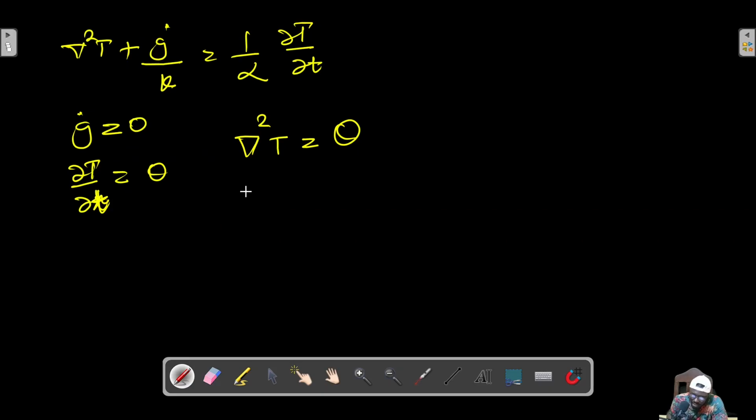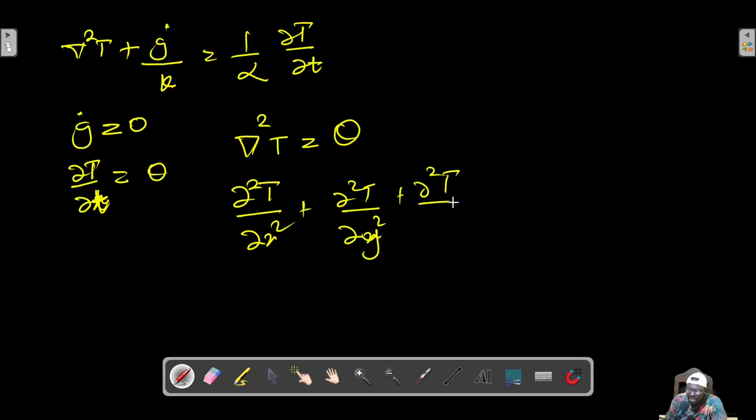Then we can say that the second partial derivative of the temperature field with respect to x squared, plus the second partial derivative of the temperature with respect to y squared, plus the second partial derivative of the temperature with respect to z squared is equal to 0.